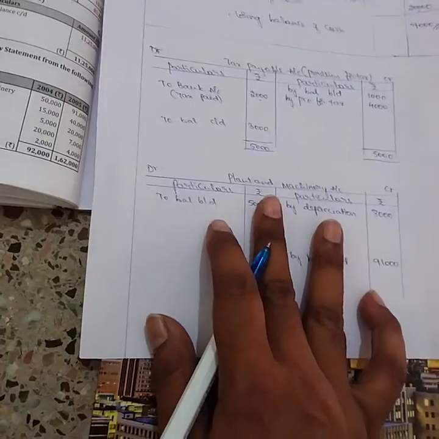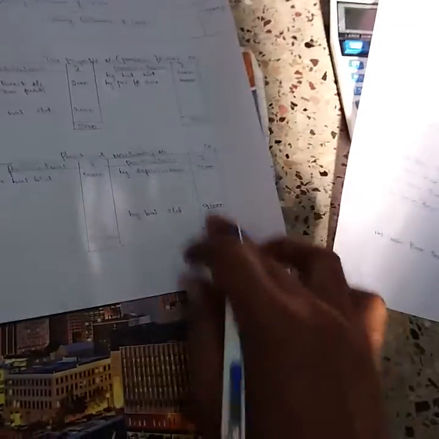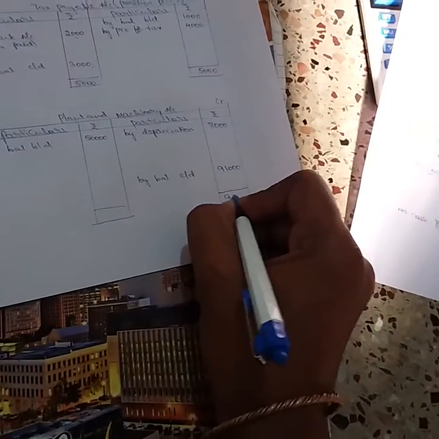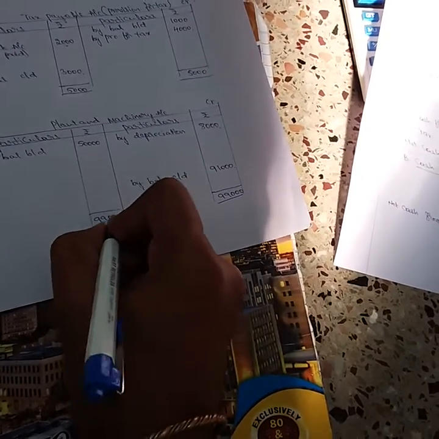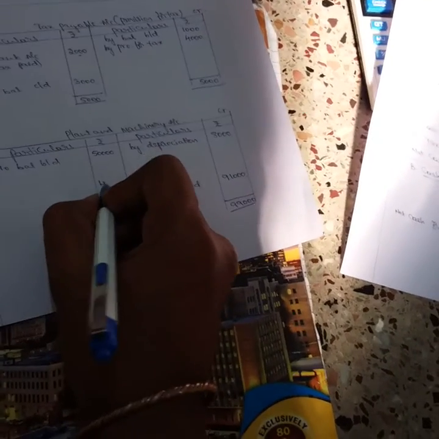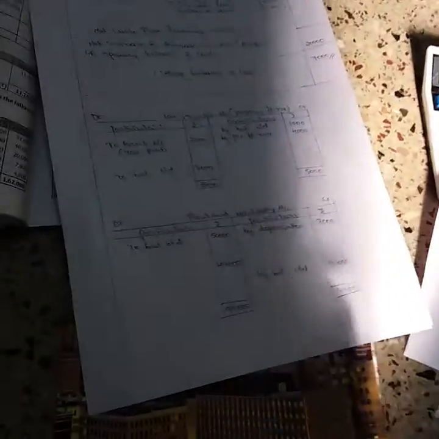And close the plant and machinery account. We have credit side more. 91 plus 8, 99,000. So 99,000 minus 50,000 is 49,000. So 49,000 is plant account debit to bank. It means purchase of plant.